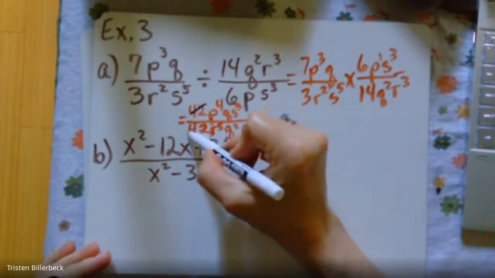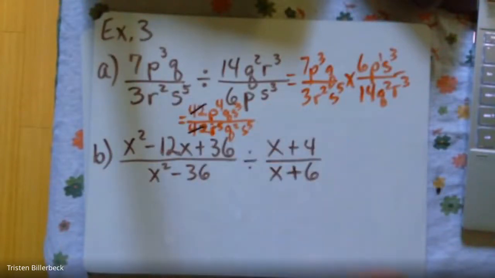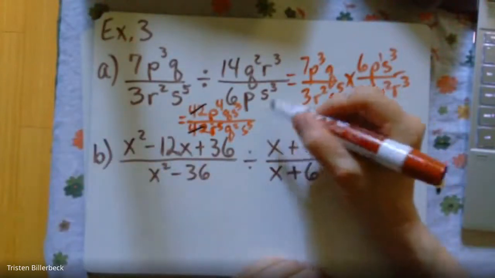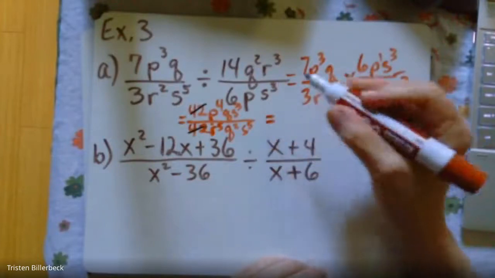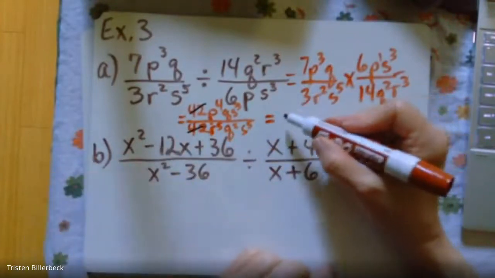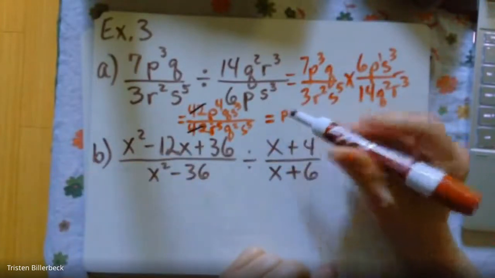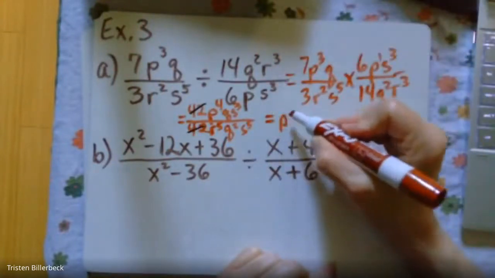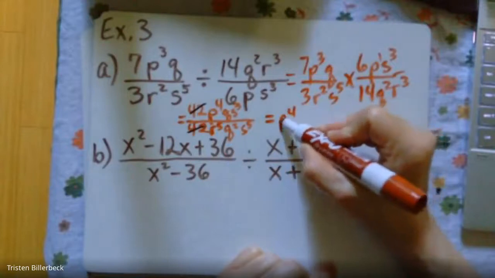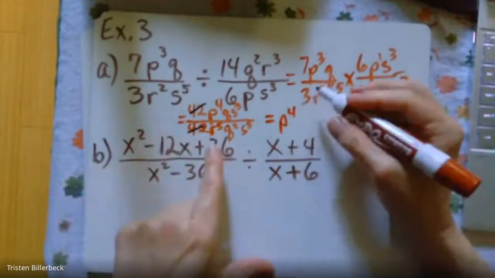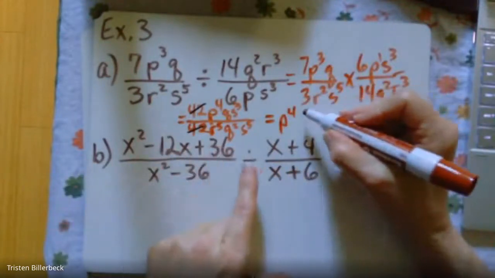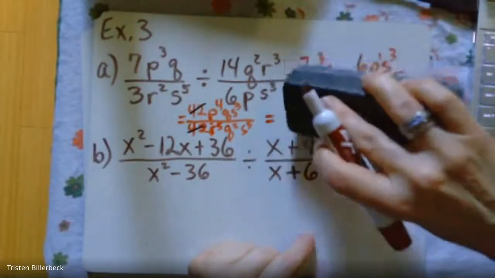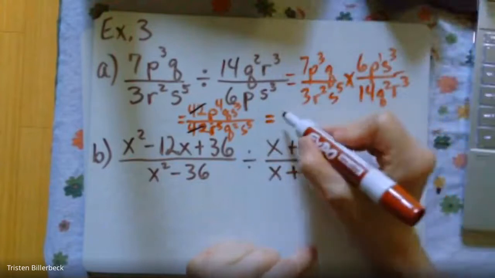So bye, 42s. Now we want to use our exponent rules that we learned. There's no p down there, so the p to the 4th stays. We're going to write it all on one line for now. Actually, I guess we won't put it all on one line because there are only r's on the bottom.